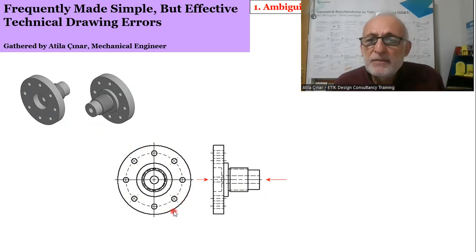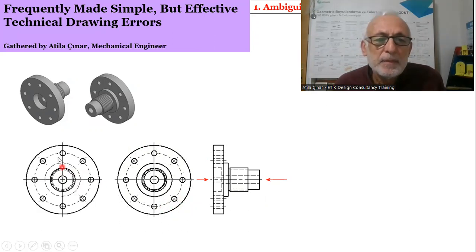Or the side view, a second alternative, can be like this also. It seems as if it is the same view of the part, but the line is hidden here. This bold line is not bold here, it is hidden.